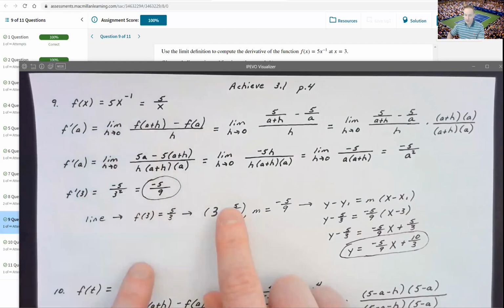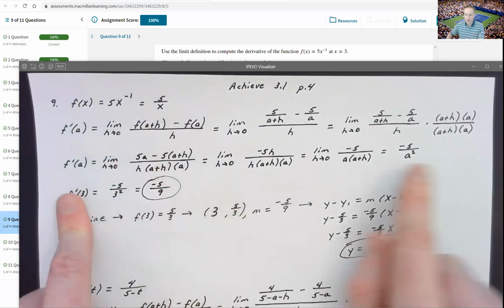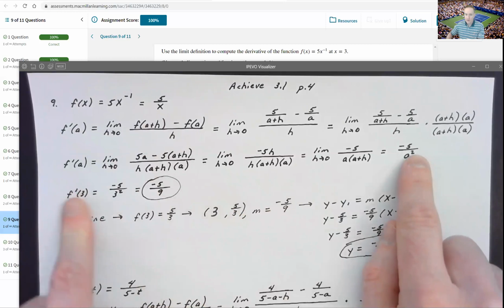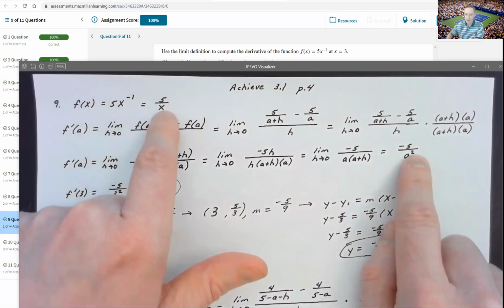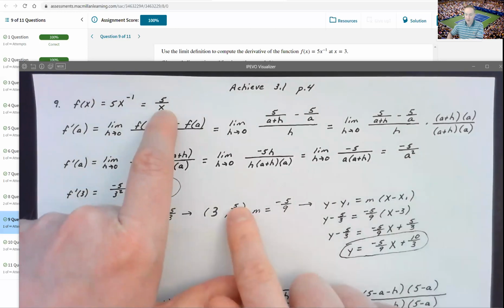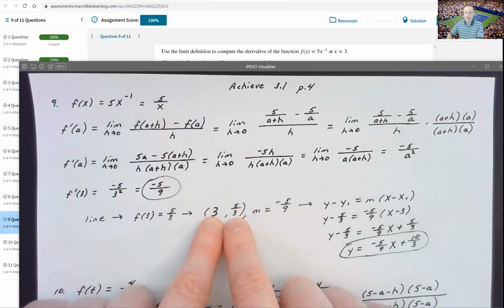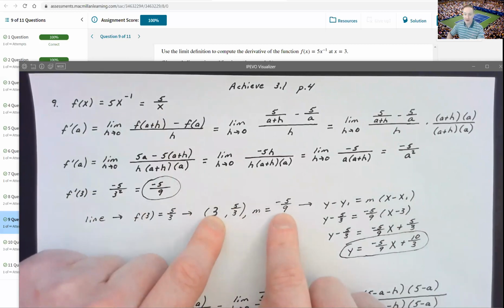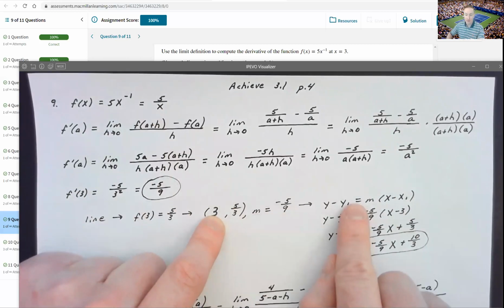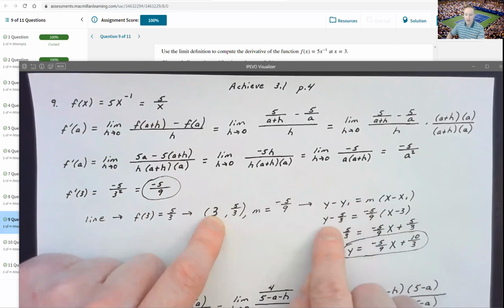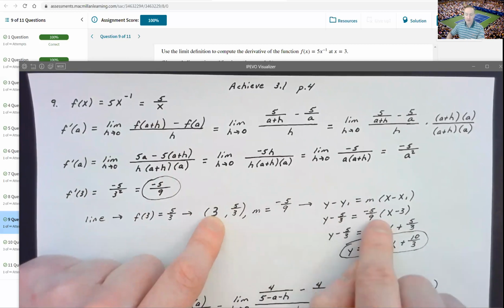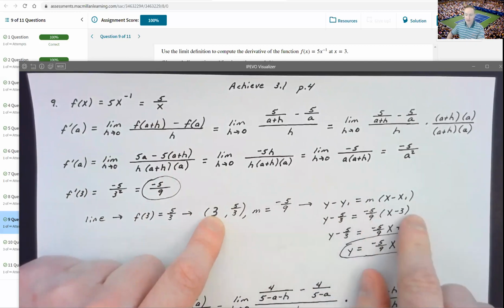So remember, you have to plug 3 into your derivative to get the slope, but you have to plug 3 into your original function to get the y value for your ordered pair. So I have my ordered pair, 3, f of 3, my slope of -5/9. I plug that into my point slope formula, and I get y minus 5/3 equals -5/9 times x minus 3.